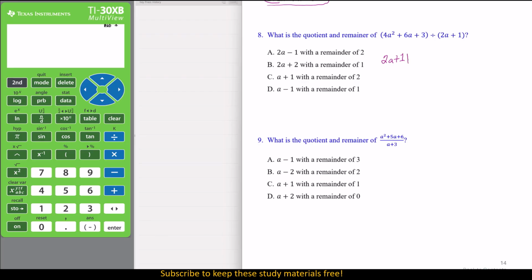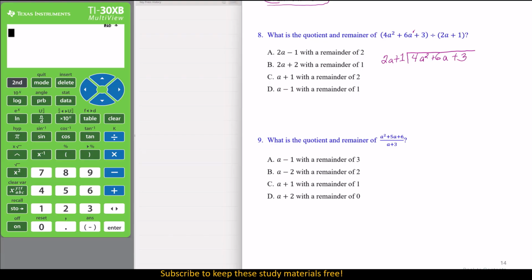Inside you write your numerator, the first expression, 4a squared plus 6a plus the 3. Now, always make sure that you're not missing an exponent. So we have 2, 1, and none. So we know that we're okay with that.